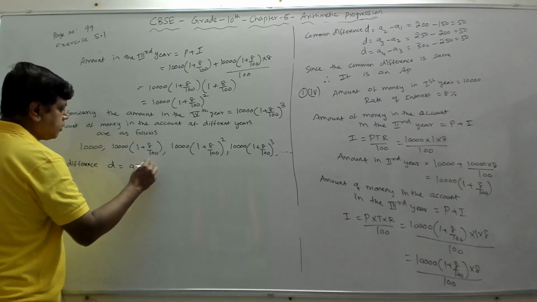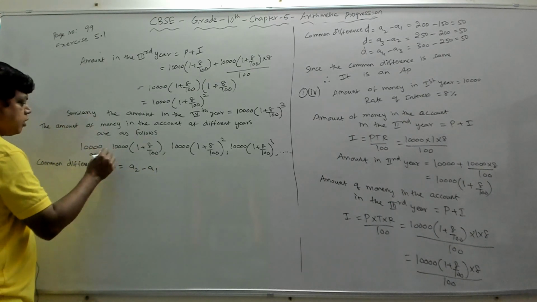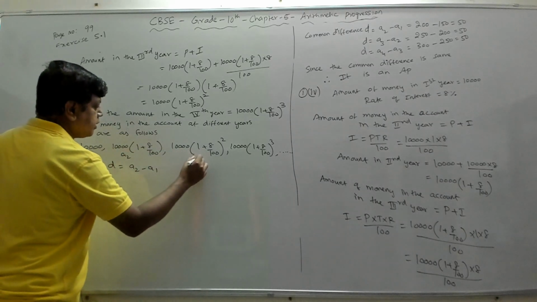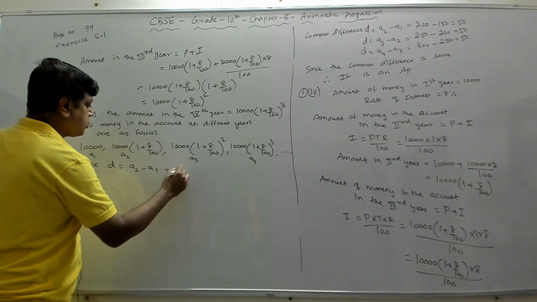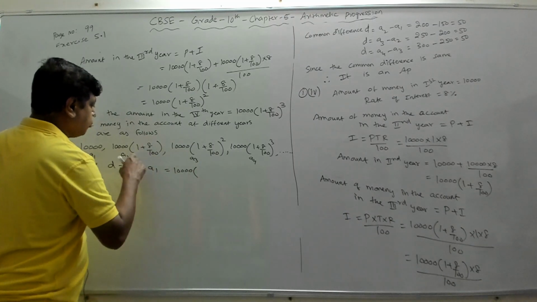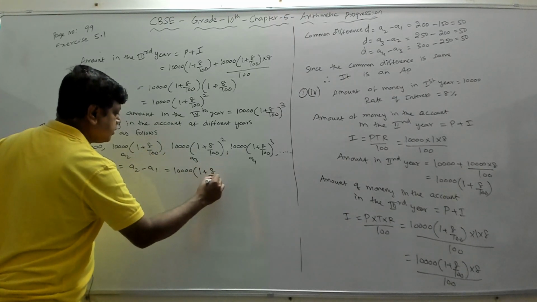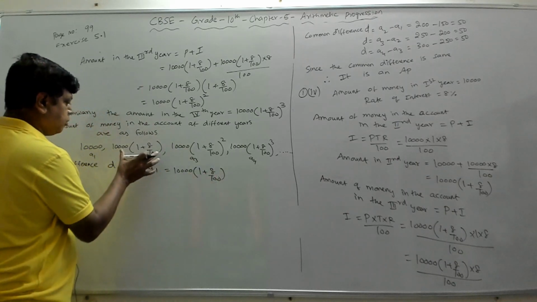That is A2 minus A1. Now this is your A1, this is your A2, A3, A4. What is A2 minus A1? A2 is 10,000 into (1 + 8/100).